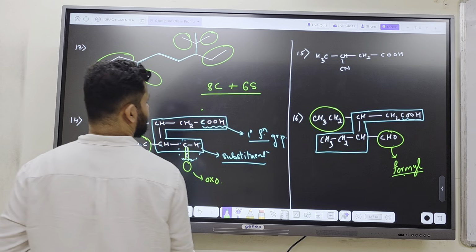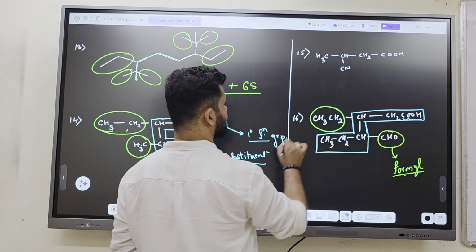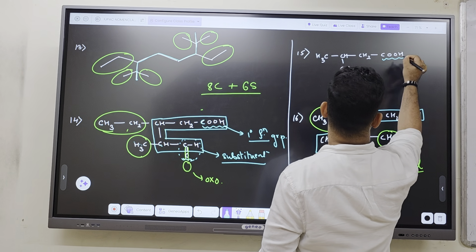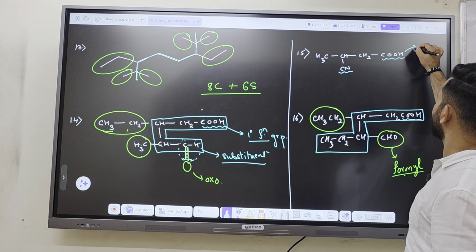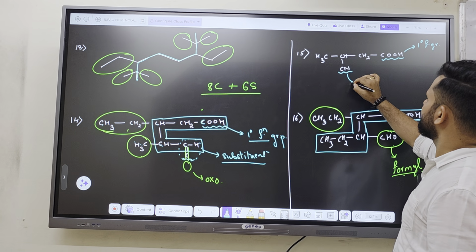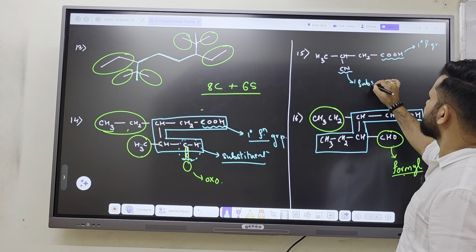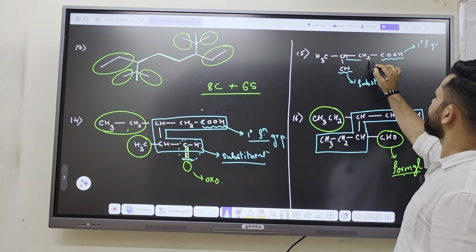Let us take up one last example. Here also I have 2 functional groups. One is COOH and other is nitrile or cyanide. This is my primary functional group. Immediately this guy becomes substituent. So I'll go straight like this.